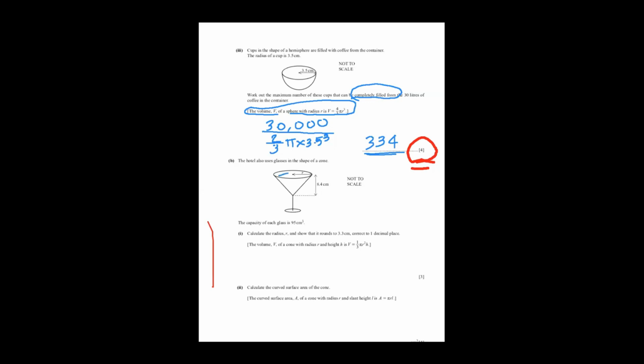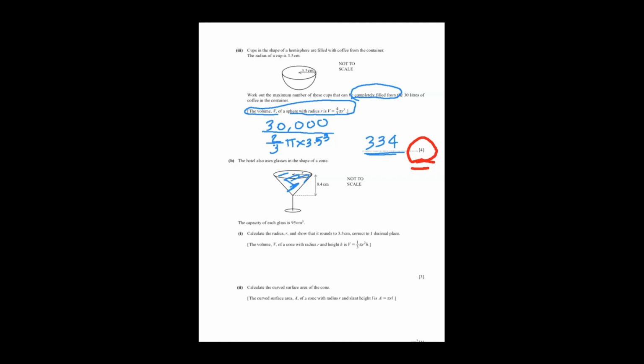The volume of this cone is 95 centimeter cube. Calculate the radius r and show that it rounds to 3.3 centimeter correct to 1 decimal place. The capacity of this cone is given.